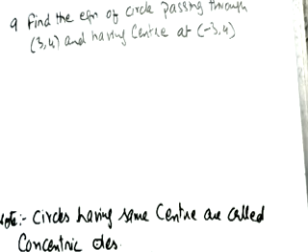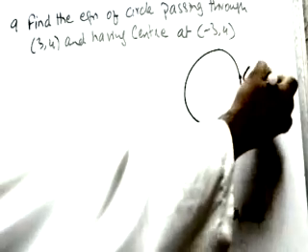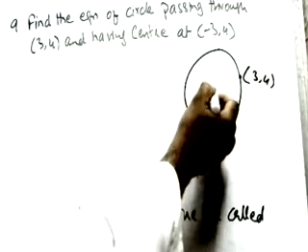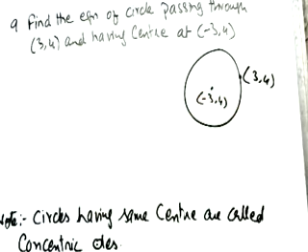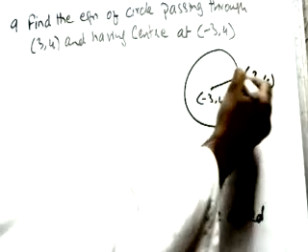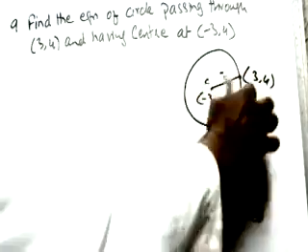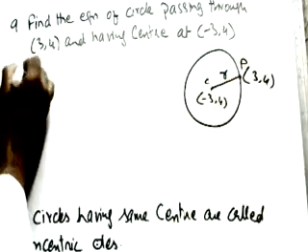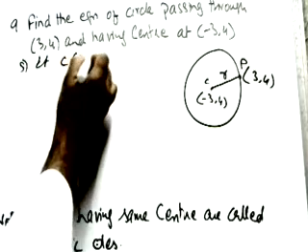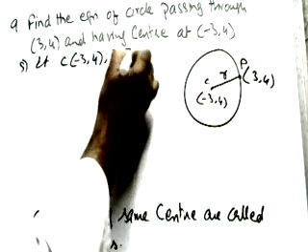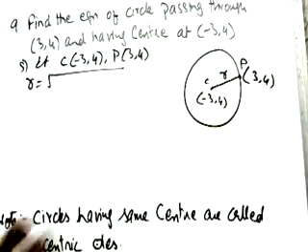Now see the next question. Find the equation of circle passing through the point 3 comma 4 and having center at minus 3 comma 4. Let me draw a figure. Watch carefully. Let me find the radius. How can we find the radius? The distance between these 2 points will be the radius. Solution. Let the center be minus 3 comma 4. Let this point be P. So what is the radius here?